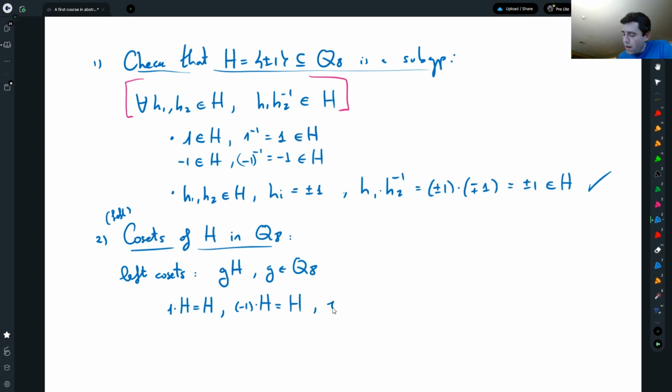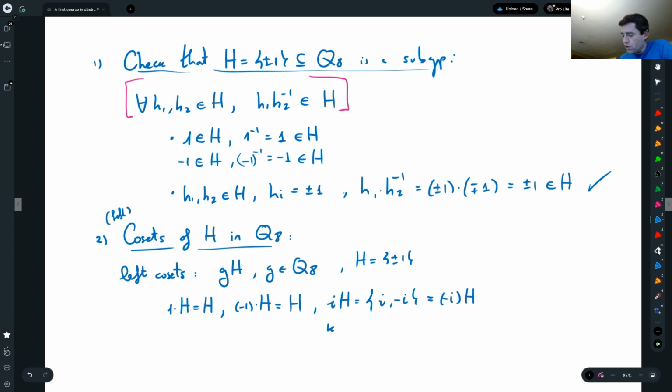Now, if I have iH, remember, H itself is plus or minus 1. So if I multiply i times 1 is i, and I get i and minus i. That is the same coset as minus i times H. And I also have jH first. jH will be j and minus j, which is the same as minus jH.